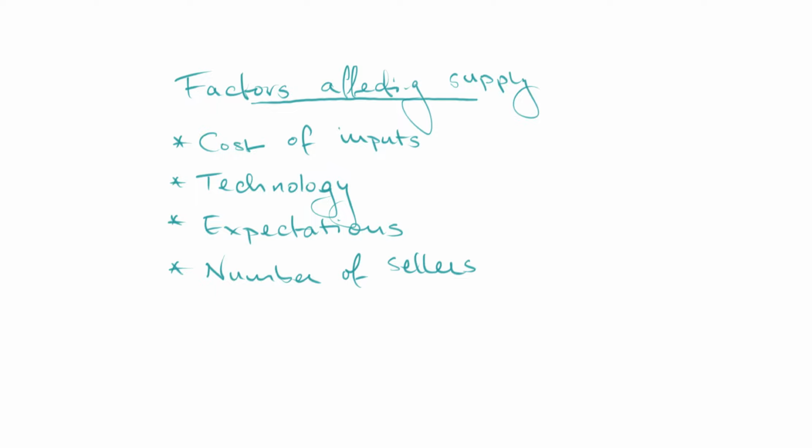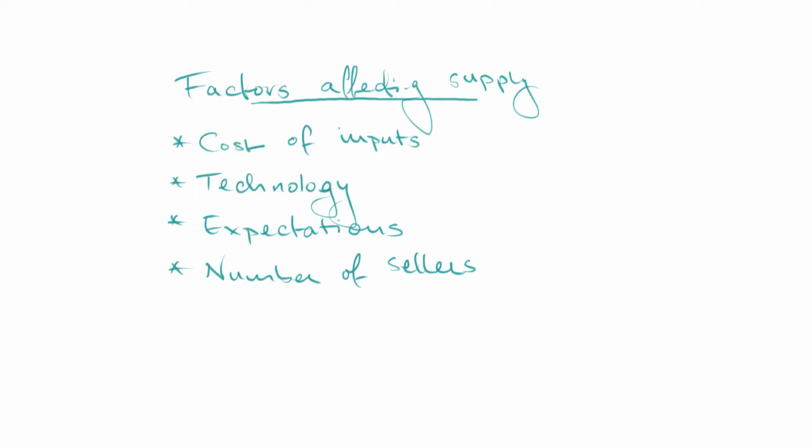Second, technology. As technology improves, the supply can only increase. The supply curve will shift to the right. A third thing, expectations. Just as consumers look to prices in the future, a producer might think about prices in the future when trying to decide what to sell today.